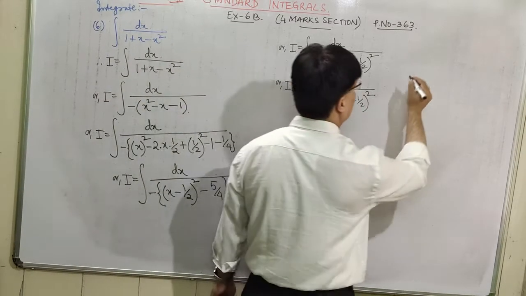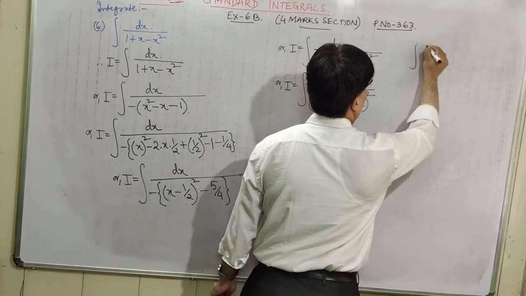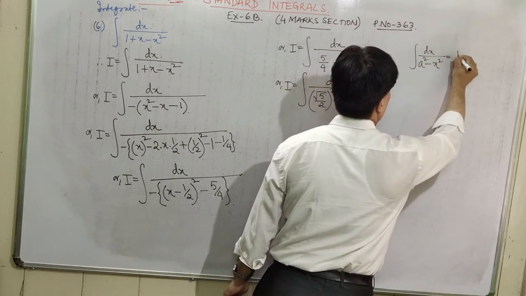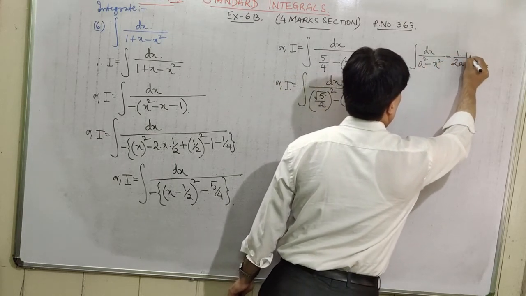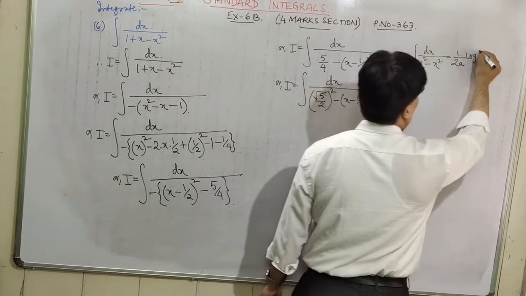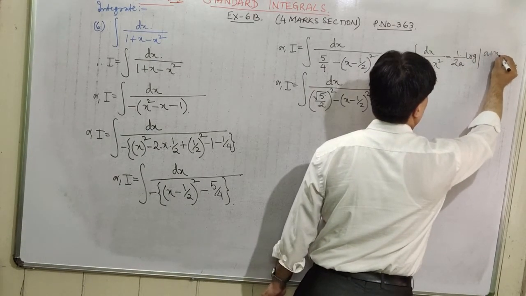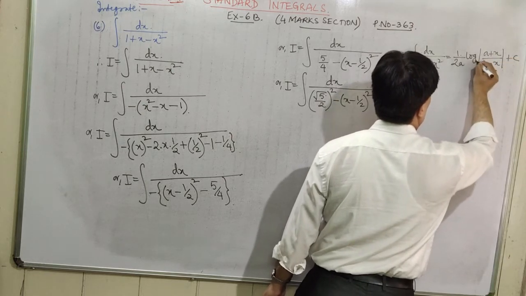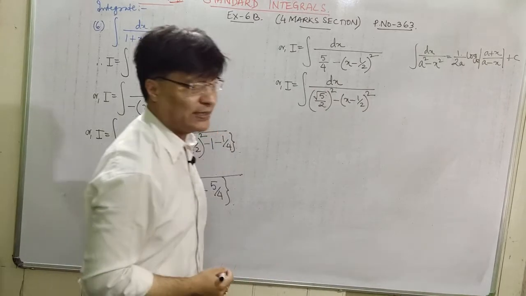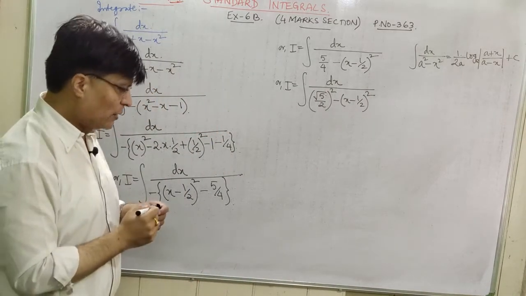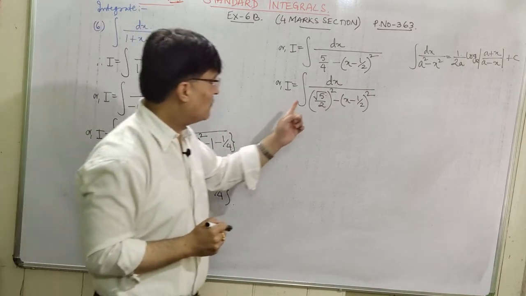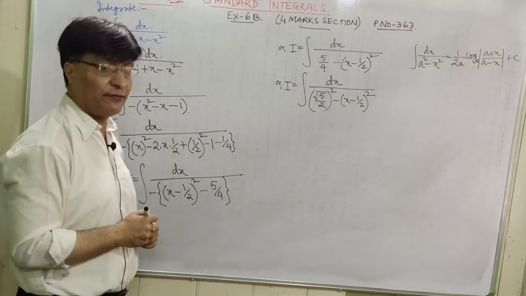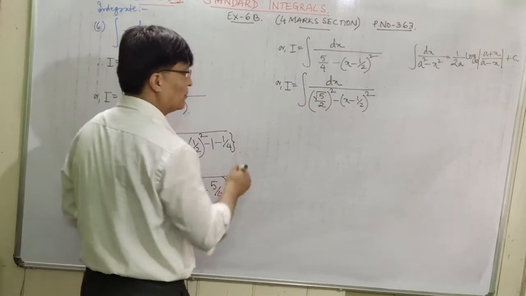This is the third standard integral, that is integration of dx divided by a square minus x square is equal to 1 upon 2a log within mod a plus x upon a minus x, mod sign closed, base e, plus c. Here the value for a is root 5 upon 2, and the value for x is x minus half. So we can use this standard form, isn't it?